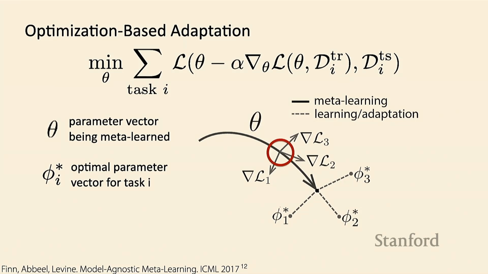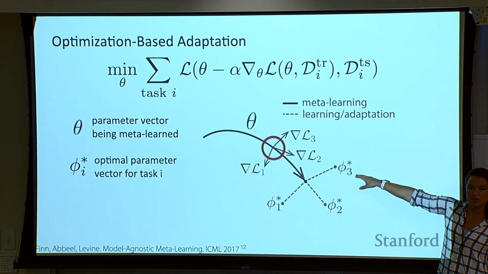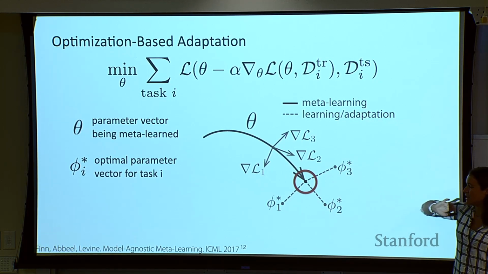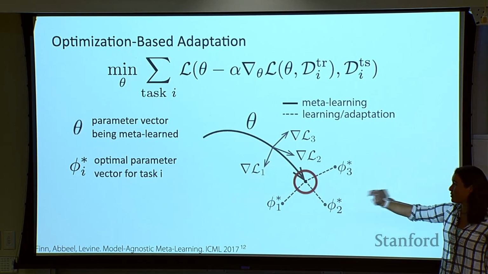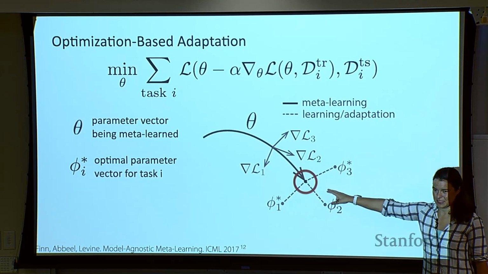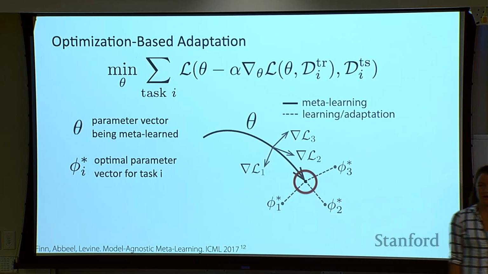At this point in the meta-training process, if you take a gradient step with respect to task 3, you're quite far from the optimum for task 3, and likewise for other tasks. As you continue the meta-training process, at the end you want to be at a place in the landscape where if you take a gradient step with respect to task 3, you're very close to task 3. If you take a gradient step with respect to task 2, you're very close to a good parameter vector for task 2. So this gives you a visual depiction of the meta-training process.